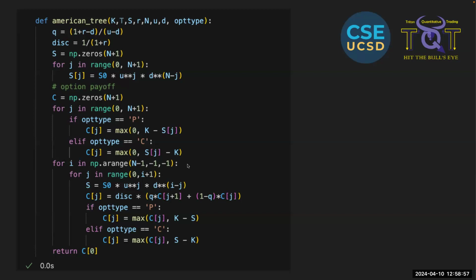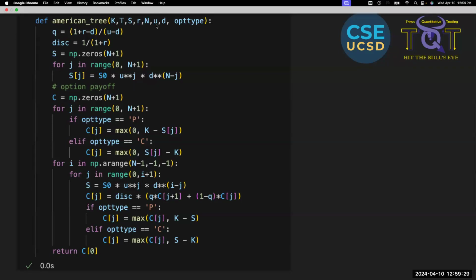And it goes over that value to calculate, before the discounting factor, the value S. So basically what we did was the stock price into the up probability multiplied by the risk neutral probability. So it calculates that, and then it discounts it by using the discounting factor, which is 1 upon 1 plus R. So this is what we did in the last step of our tree, where we multiplied 2 by 5 into the price, and then 3 by 5 into the price, and then multiplied by 1 upon 1 plus R.